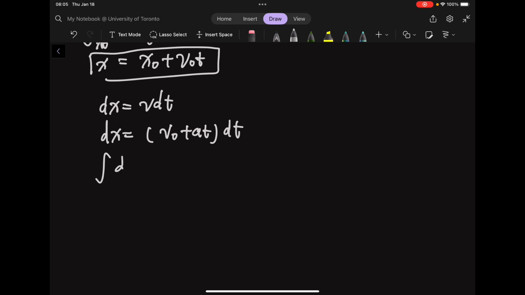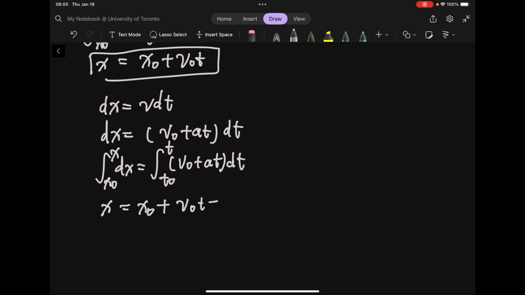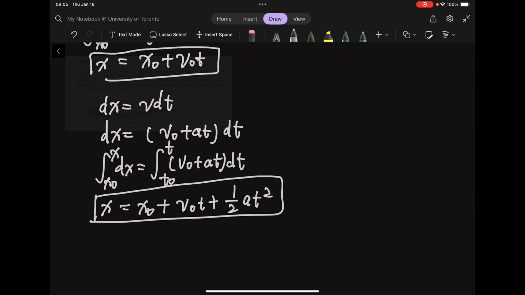We take the integral again, to get x0 plus v0t plus 0.5 at squared. Here's our function number 2.